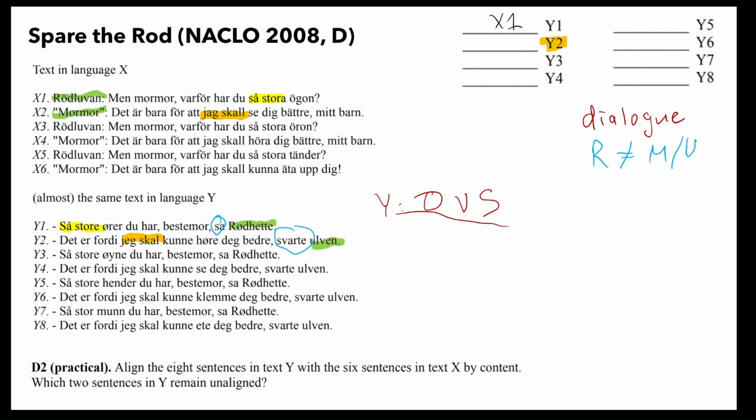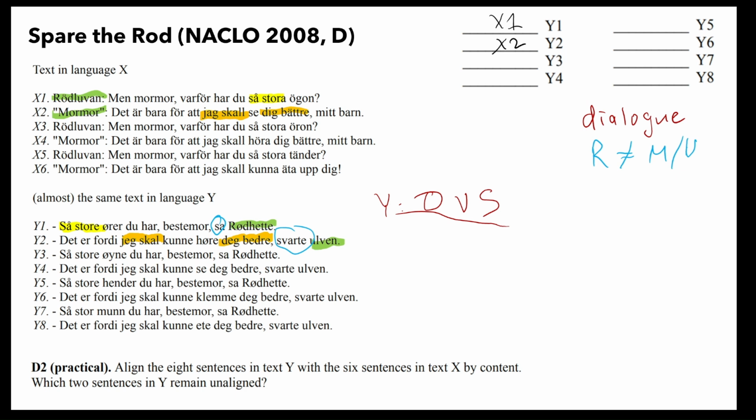Dig batre and deg bedre. There we go. So we've got two matches over here. I think it's safe to say that we can map X2 to Y2. Okay, X2 to Y2.